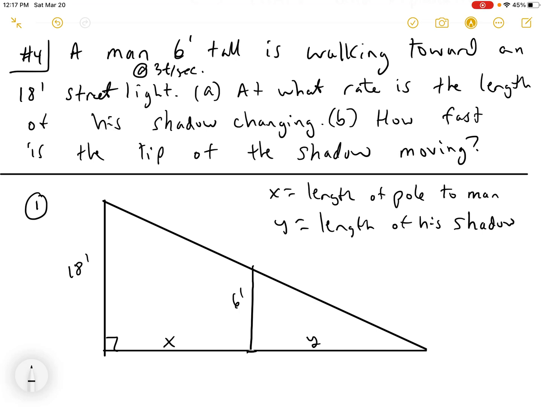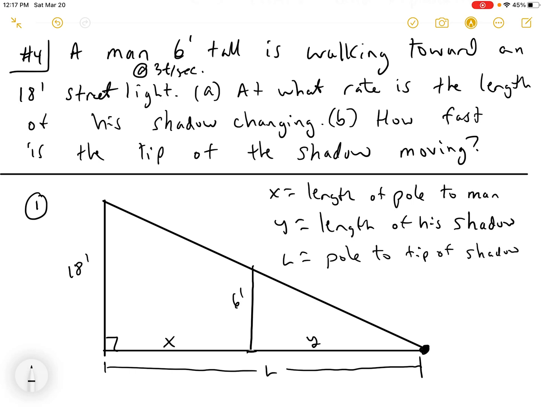And since part B asks to find out how fast this tip is moving, we also want to call this whole thing some variable. I'm going to call that L. So L is pole to tip of shadow.